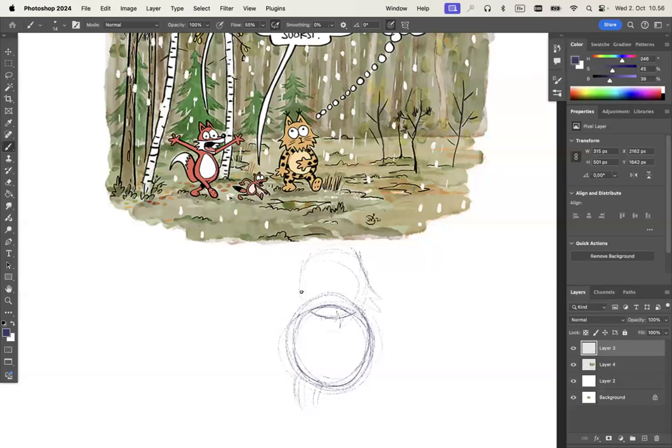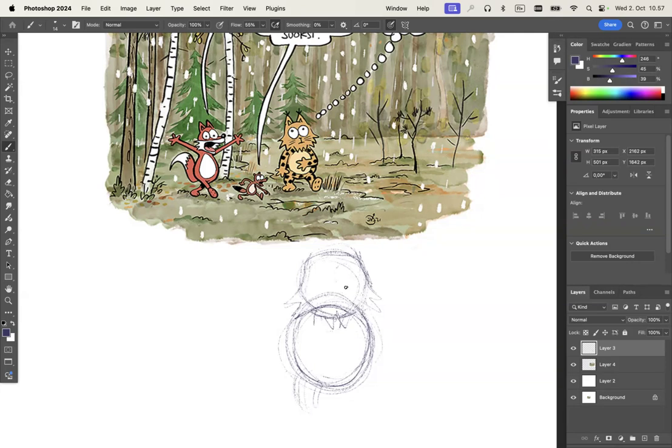I think the basic shape for the head is also round with a bit of tapering for the cheeks.